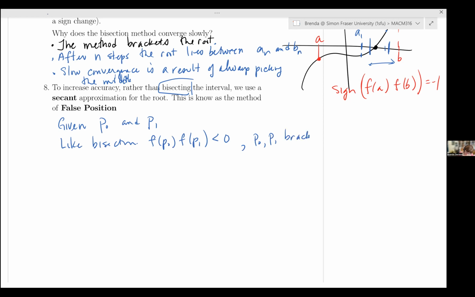One is on one side and one is on the other. Now for bisection, we pick P2 to be midway between P0 and P1, like that. For false position, we try to be smarter.